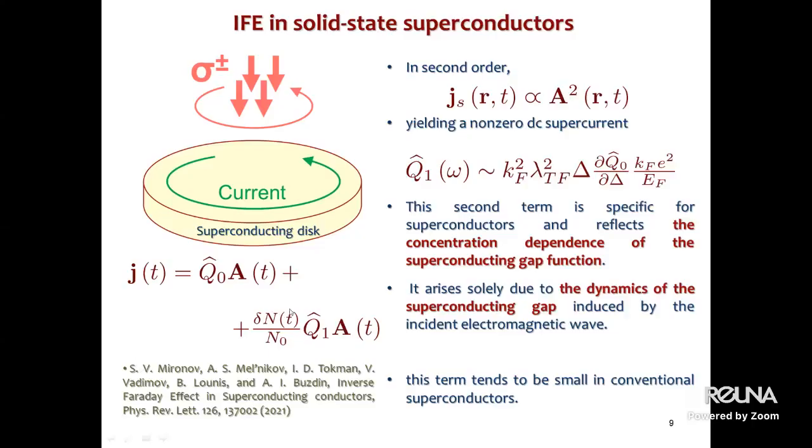You see here, modification of the concentration of superfluid electrons, concentration dependence of the superconducting gap function, and it arises solely from the dynamics of the superconducting gap induced by circularly polarized light. But usually this term, so kernel Q1, acquires such a big expression. In conventional superconductors it is usually very small. Why it's small? That's on the next slide.